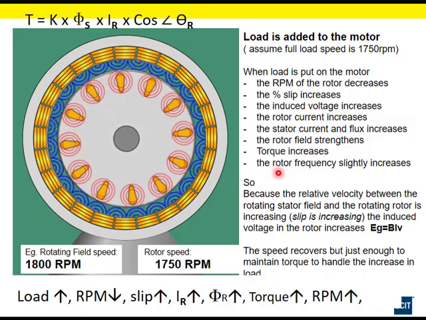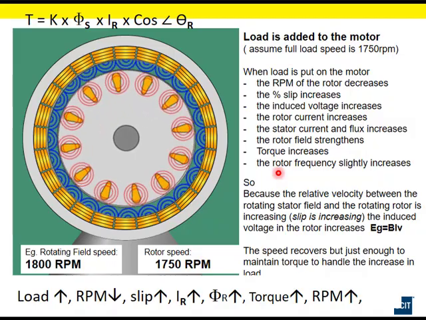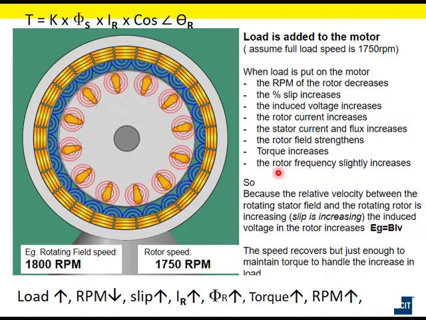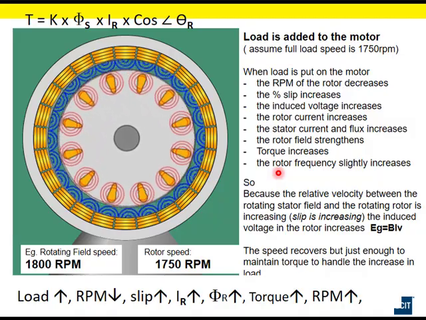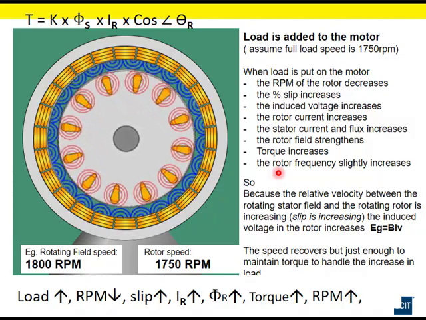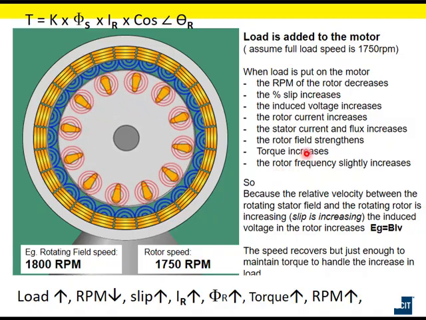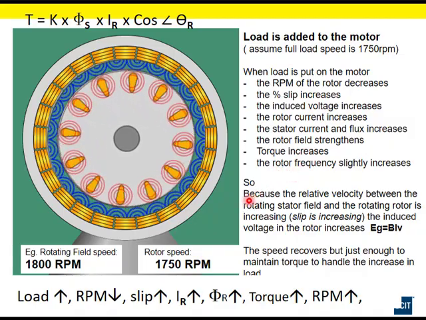Now, at this point, there's a very slight increase in frequency, okay, which is going to slightly increase our power factor, but at this point, not quite significant enough to have an overall negative effect on our torque.